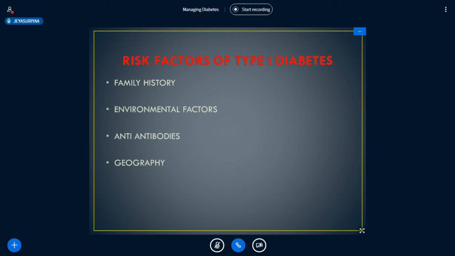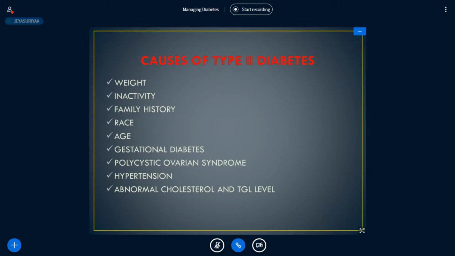India, being a developing country, is making its space towards the geographical concern too. On the other hand, now coming to risk factors for pre-diabetes and type 2 diabetes.